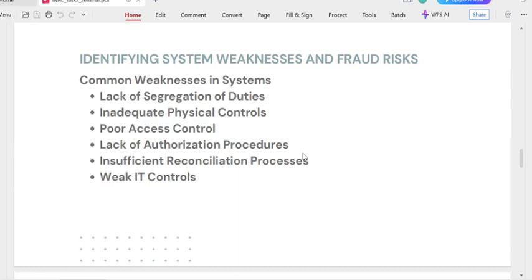Then we have inadequate physical controls. Like if your storage room is unlocked, anyone can just walk into the store and steal the inventory.